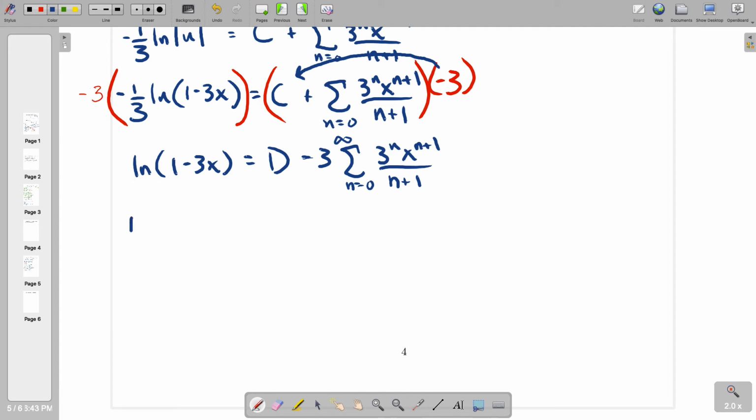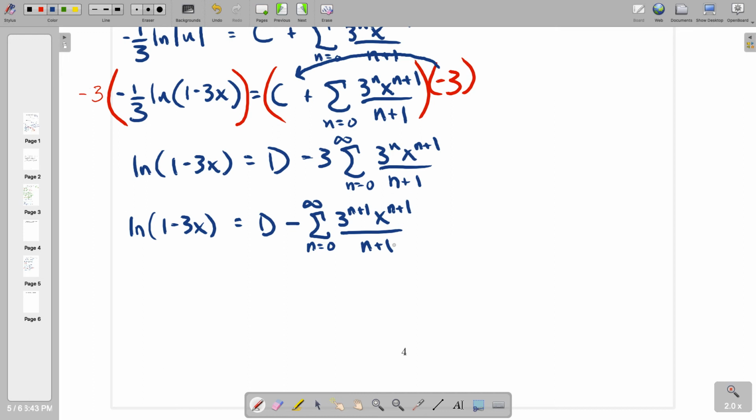And so we've got the natural log of 1 minus 3x equals d, minus, bringing that 3 in gives me 3 to the n plus 1, x to the n plus 1, all over n plus 1.